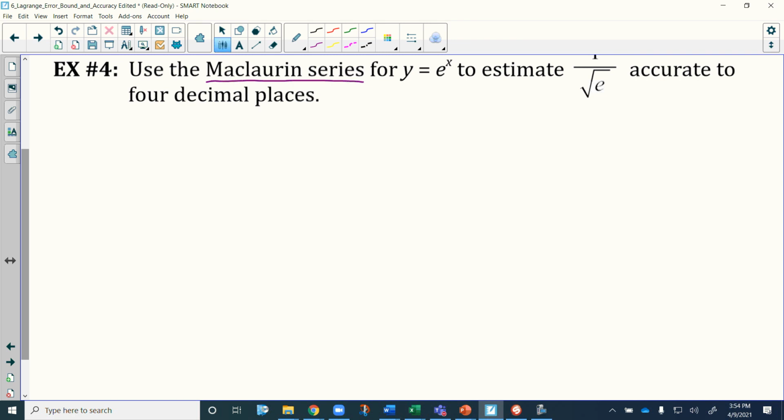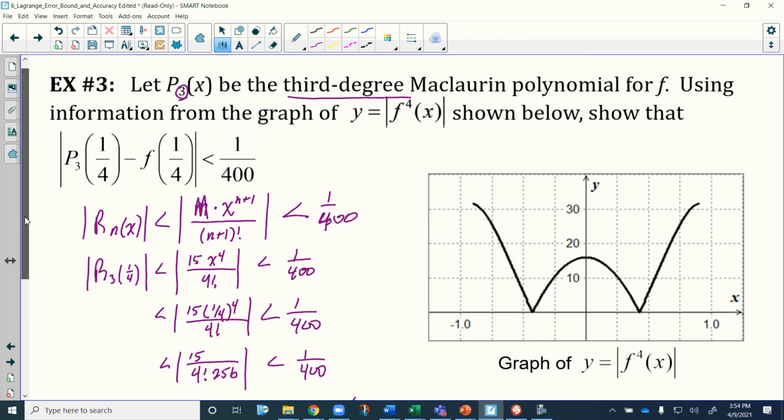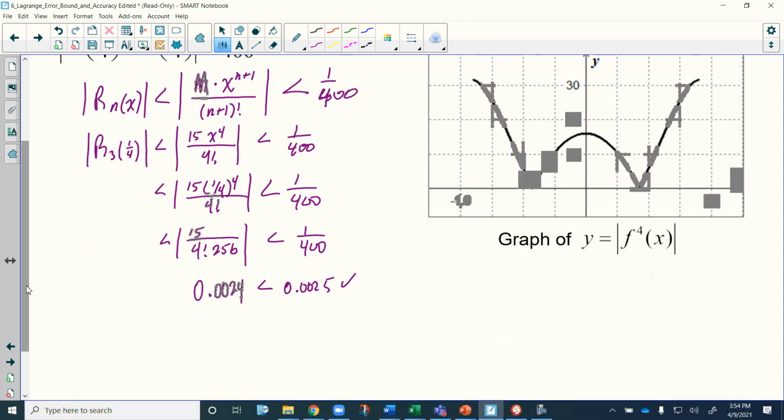Going back to what we were just doing, where we were looking at the remainder within 1/400th, we're basically going to have to do something like this again, except instead of saying that the remainder has to be less than 1/400th, in this case it has to be less than 4 decimal places, so maybe 0.0001 or something like that.